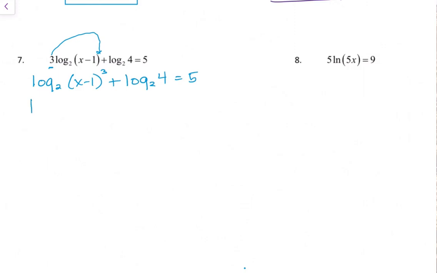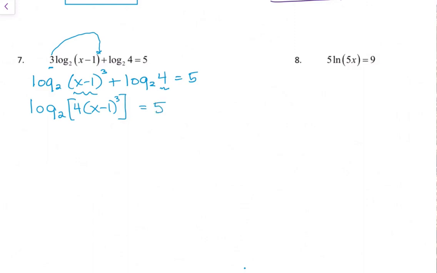So I'm going to multiply these 2 arguments. So my new argument is going to be 4 times (x minus 1) cubed. That's my new argument, and it equals 5.